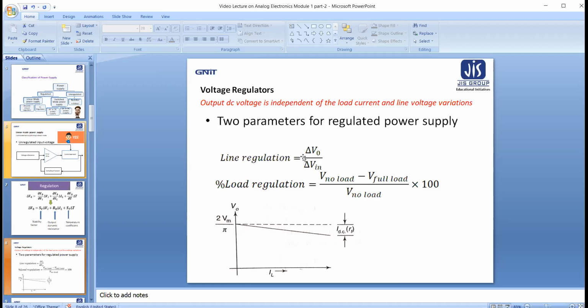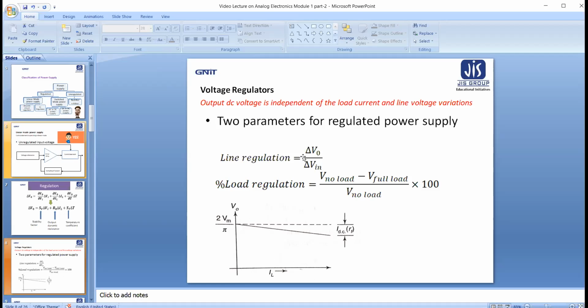Whereas the load regulation is defined as the ratio of the difference between V no load minus V full load, divided by V no load. V no load means when we are not connecting any load, we are just keeping the output terminal open.